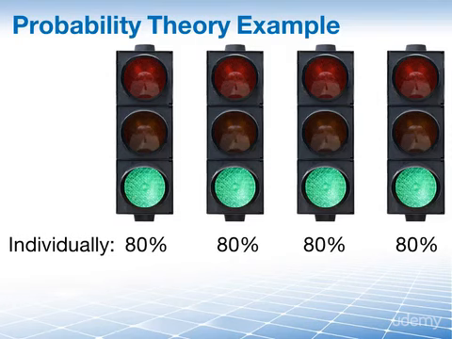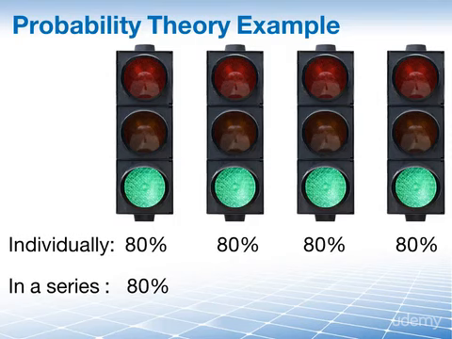Did you think it might be 80% if we do this in a series? No, it's a lot less, because we have to multiply the percentages with each other, because the events are in a sequence. In this example, I have 4 traffic lights that follow each other, and each to be green is 80%. If I pass the first one at green, I have 80% left.